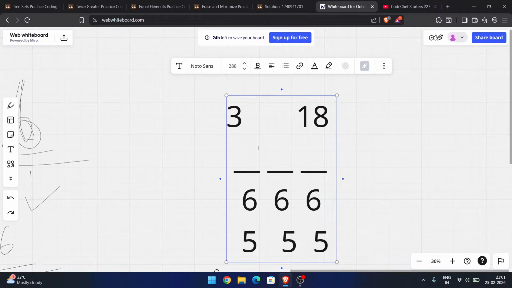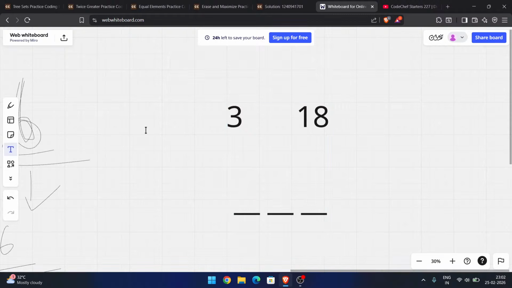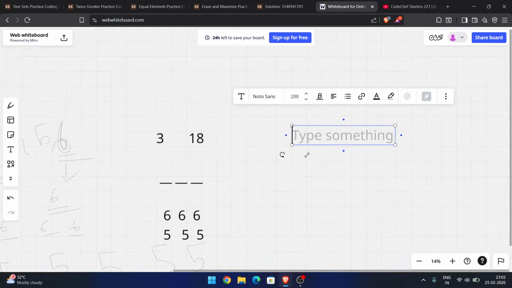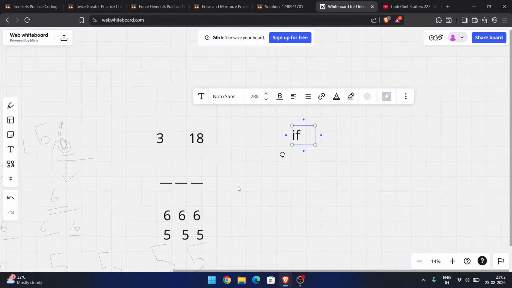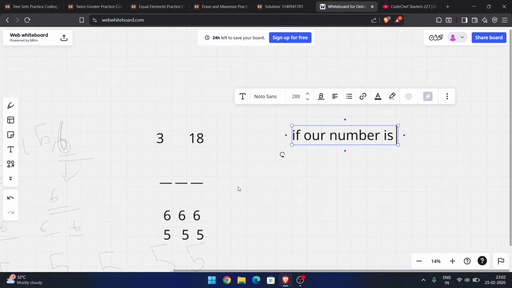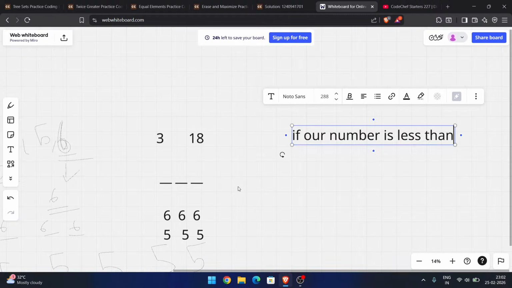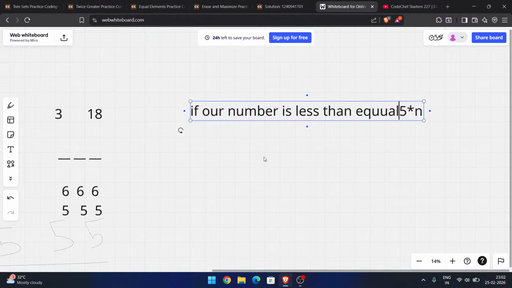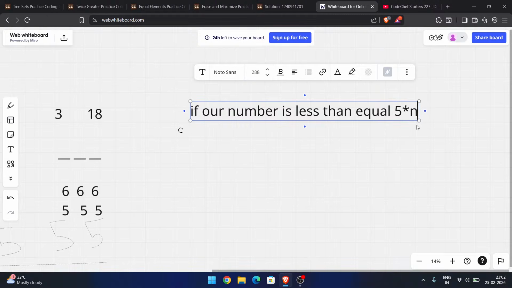Okay, so if our number is less than or equal to 5 into n, no matter what, we can get our answer to be n into 6.